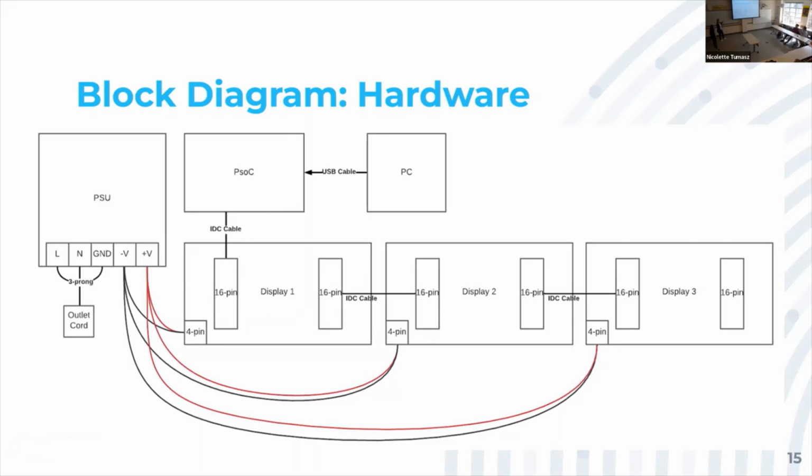They also have 4 pins on them, for VCC and ground, to connect to the power supply. There's also a connection between the power supply and the microcontroller board, the PSoC, so that has power as well. And all that goes to an outlet cord.